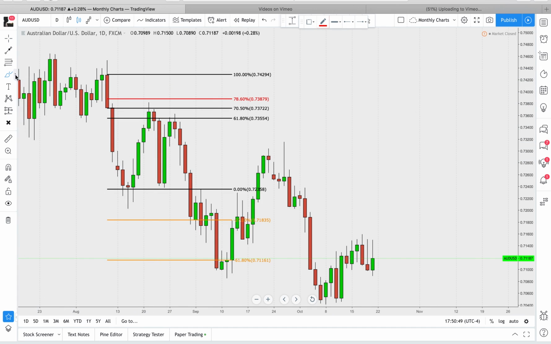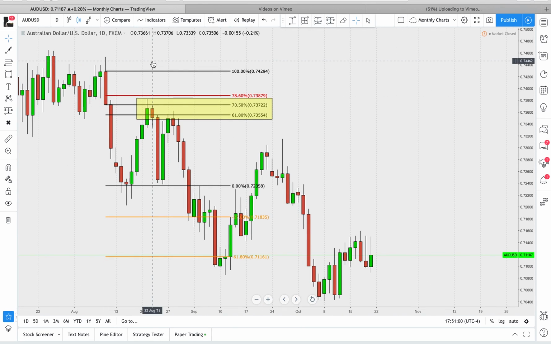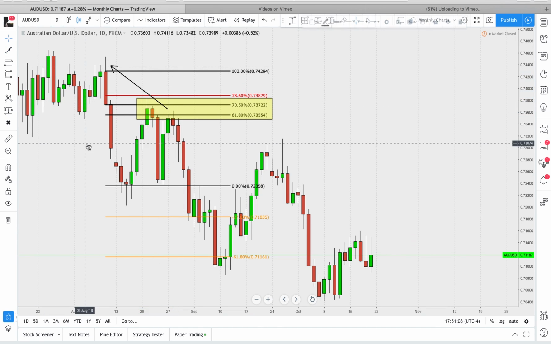We have our entry lined up in here on the fib retracement, which you can see formed resistance around. It's good to see if the market forms resistance or support at these levels. So if we're looking to enter here, you would coordinate your stop loss at the previous high. That's just the plain, simple method.